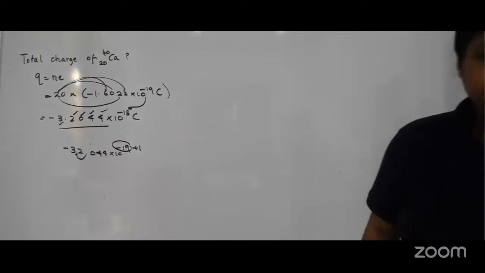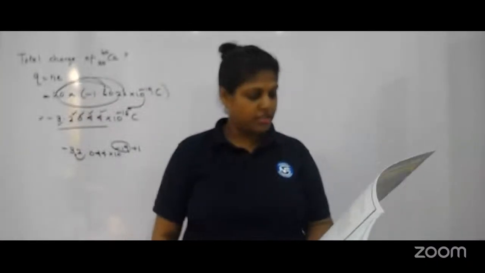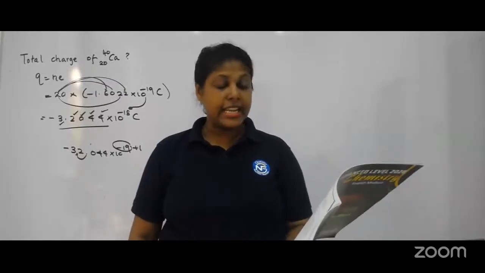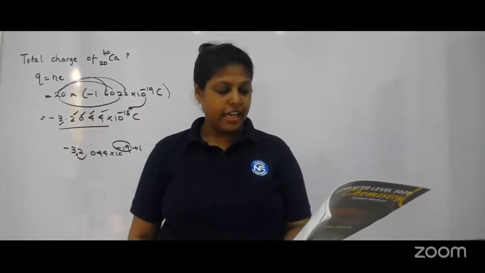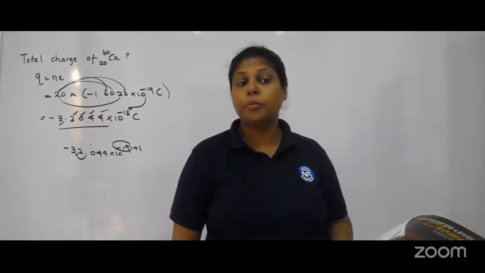Then look at page number 8. Protons and neutrons. The smallest and lightest positive ion was obtained from hydrogen and was called the proton.